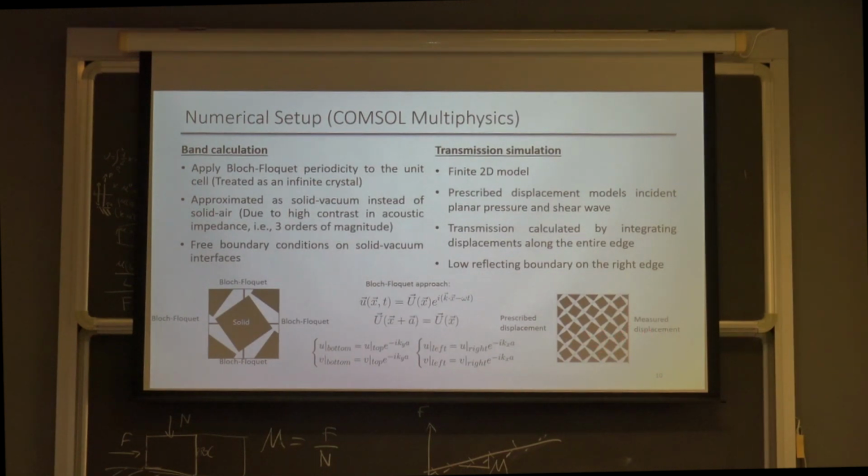Then simply by dividing them and taking the logarithm, we were able to calculate the transmission loss. I will show you that a bit later with the experiment, because we had 2 transducers, so we were able to pick up the signal without it bouncing back and forth in between. That's why we also modeled no reflection at the right edge.